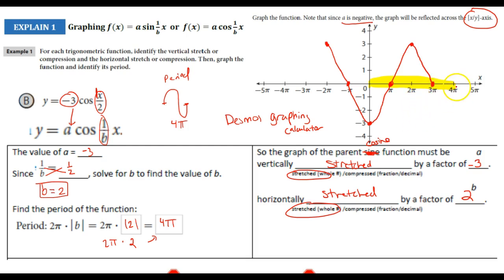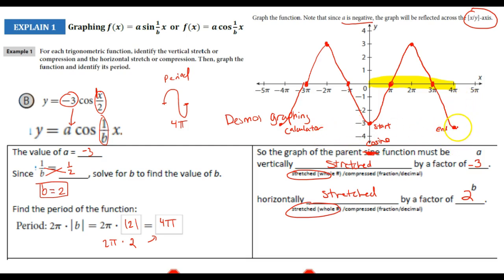And I believe I had a 4 pi, 3. So it does take a full 4 pi to go from starting position. Starts low, goes up, comes back down, ends in a low position again. It's kind of like a little anthill. Anyways, at least I have my graph, and you can fill out the rest if you'd like. In fact, I believe this is going to be 3 pi, and yes, I'm going over into my words, but it doesn't matter because we want a full picture. And it'll come right back up again.